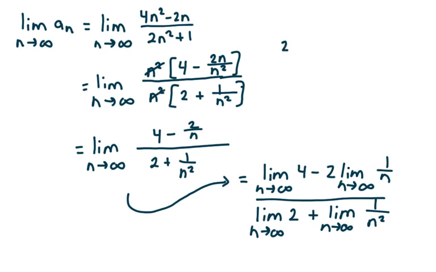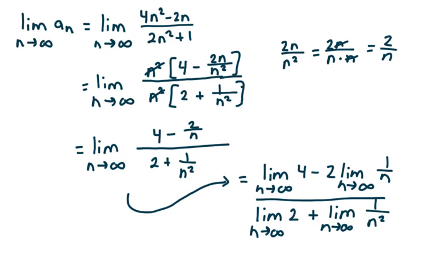And if we take 2n over n squared, this is the same as 2n divided by n times n, okay? The n's cancel, and we're left with 2 over n. And so this is the limit as n goes to infinity of 4 minus 2 over n divided by 2 plus 1 over n squared.